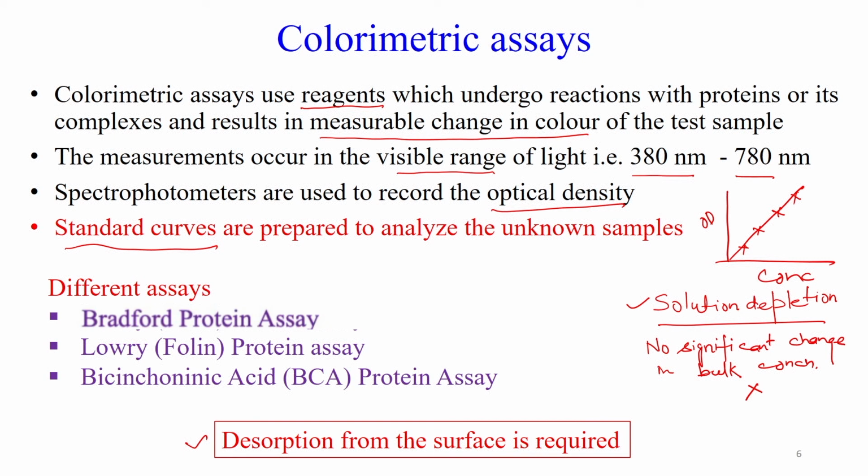any unknown samples. There are different methods available. I have listed a few, let us say the Folin reagent or the BCA method and the Bradford method. I will quickly discuss one by one.